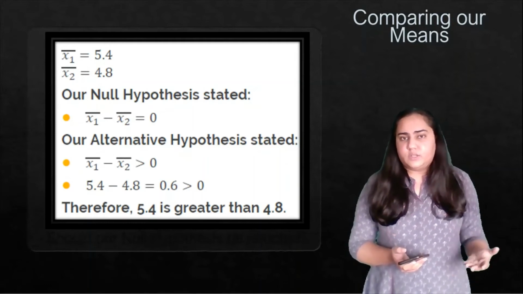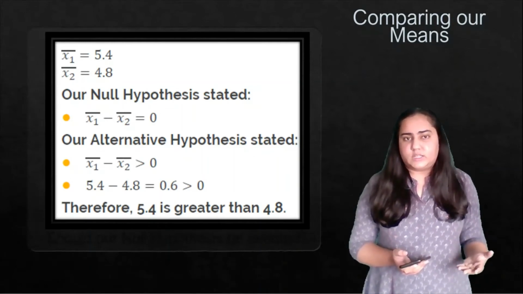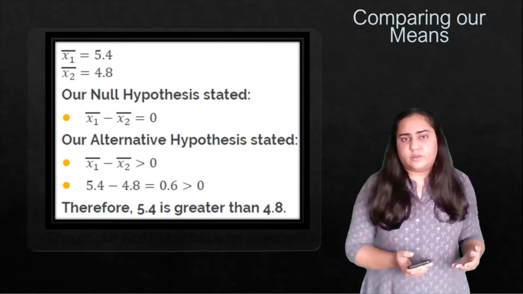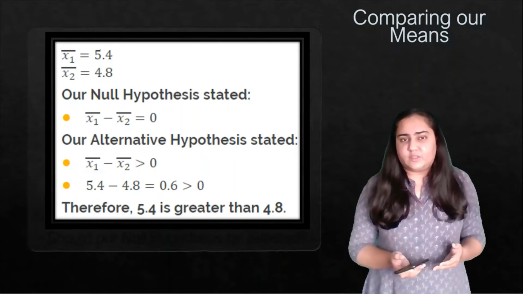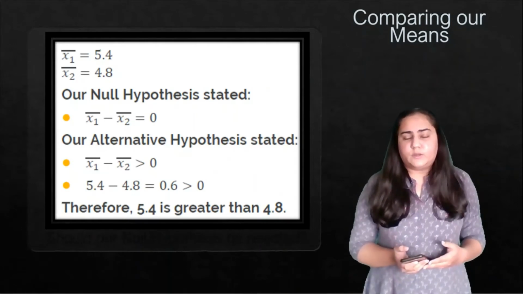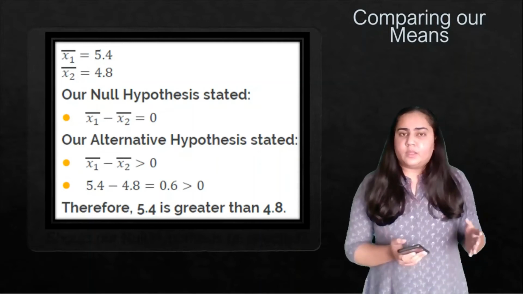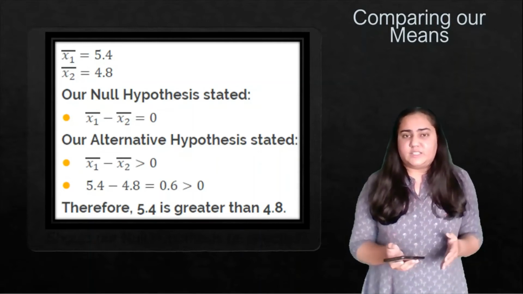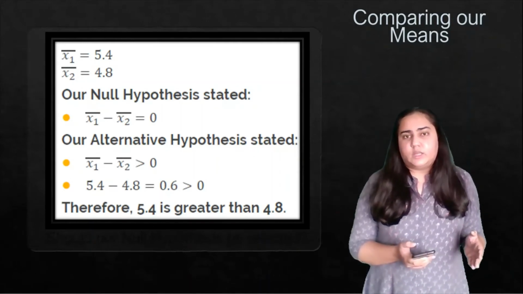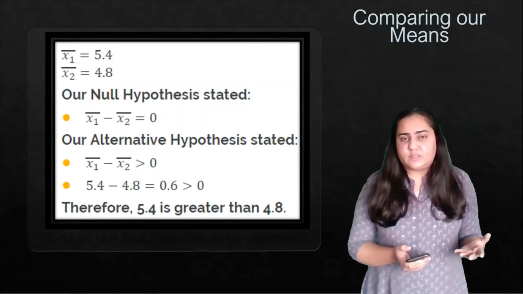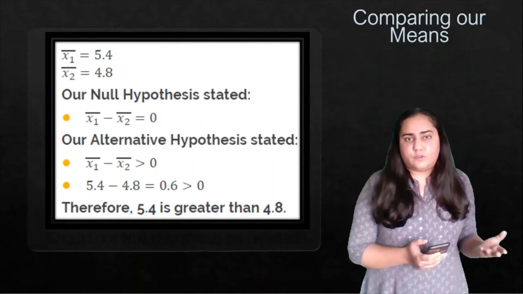Now, for the alternative hypothesis, it is stated that x̄1 minus x̄2 would be greater than 0, because we want to prove that when somebody takes the flu medication, the number of days for which they experience flu symptoms is reduced, which means the mean of the second group would be less than the mean of the first group.